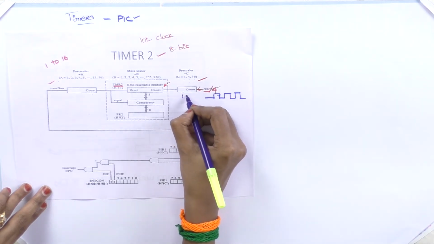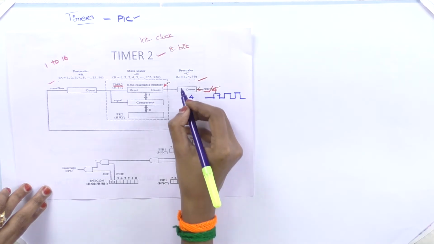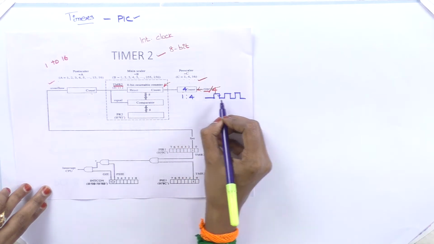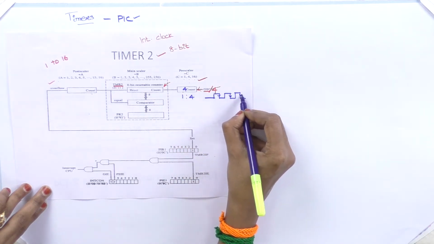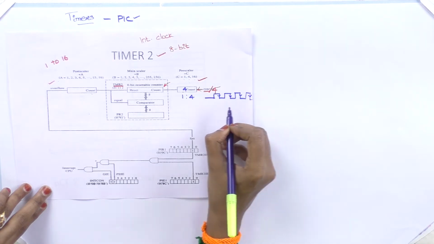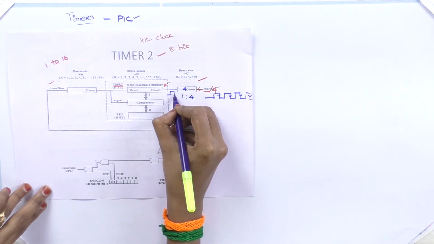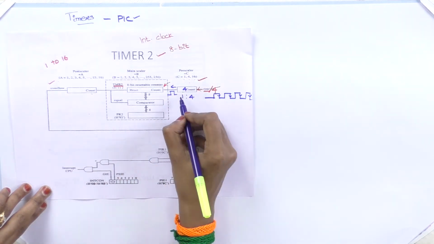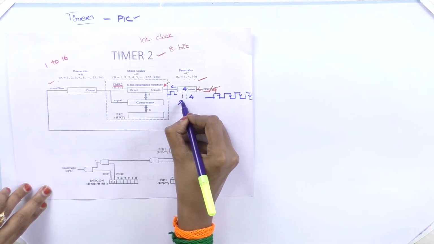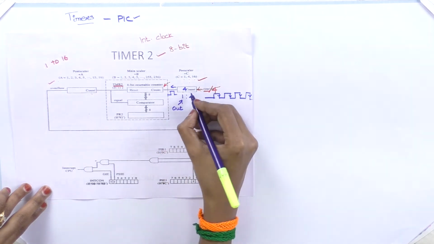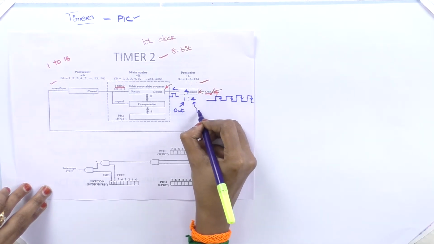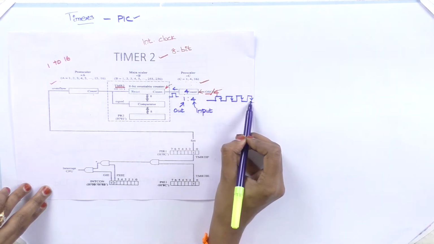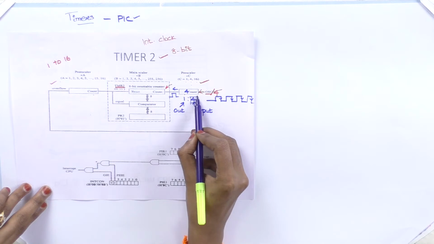If I have defined 1:4, that is, if I have fixed the value as 4 here, then for every 4 falling edges I will get a single clock pulse as an output from this pre-scaler.